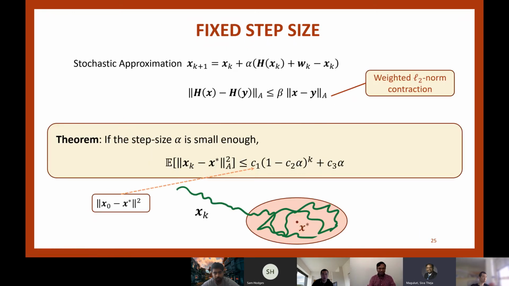In general, for these kinds of results, we like to call the first term the bias and the second term the variance. The second term is because of the variance in the noise. It depends on the noise variance, and it doesn't die as k goes to infinity. The first term is because of the bias, in the sense that this term exists because I did not start at x star. If I started at x star and ran this recursion, the first one would not have been there. So it's a bias due to initialization.